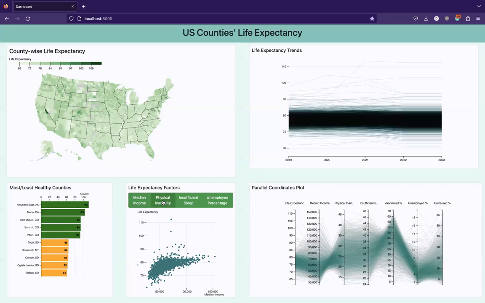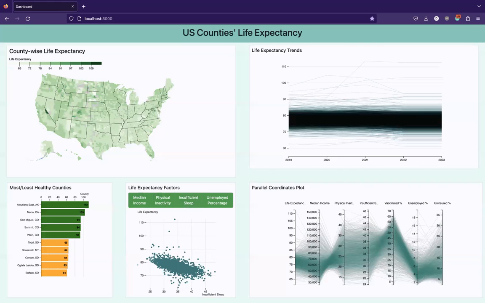Similarly, the next chart is the scatter plot chart. Here we are plotting life expectancy against 4 other factors: median income, physical inactivity, insufficient sleep, and unemployed percentage. Let's check physical inactivity. Here we see that there is a negative correlation between life expectancy and physical inactivity. The more physically inactive they are, the lesser the life expectancy. Similarly, on the insufficient sleep, we see that there is again a slight negative correlation.